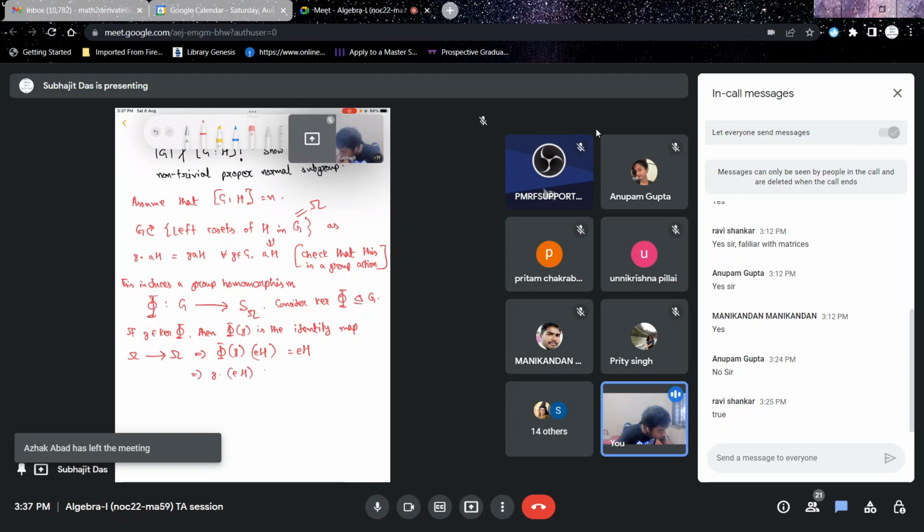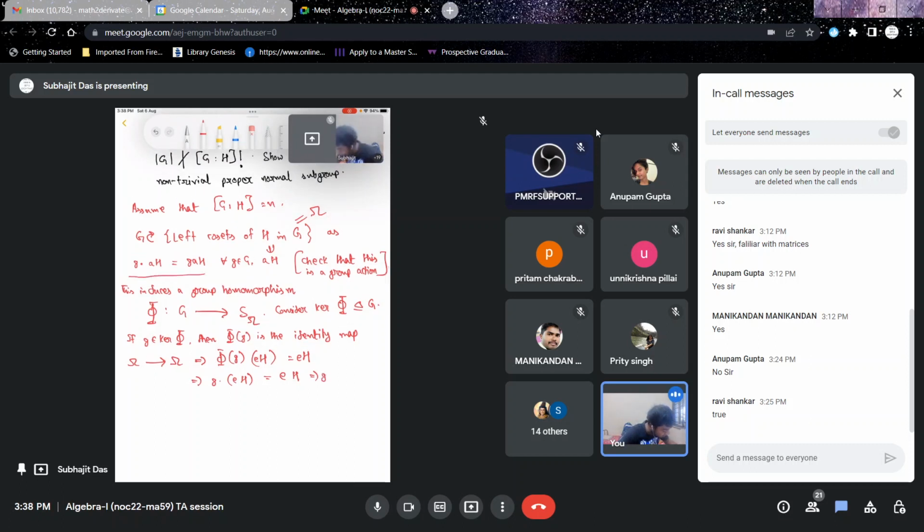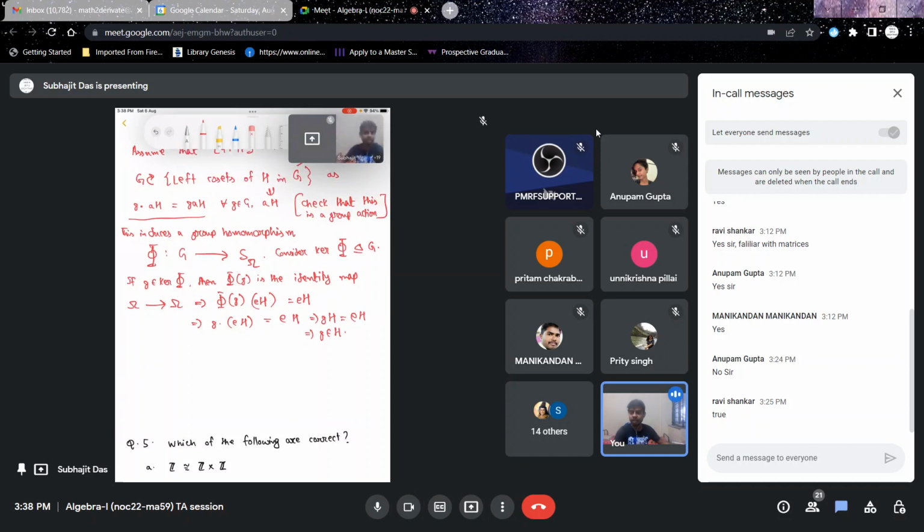So G dot EH is EH, which by our definition of an action means GH is EH, which in other words means that G is in H. So what we have proved is that if we take an element G in the kernel, then G belongs to H, which implies that the kernel of phi is contained in H.